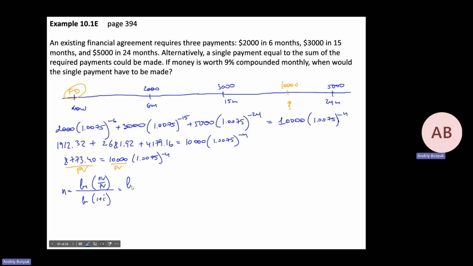And I have logarithm 10,000 over 8,733.40 divided by logarithm 1.0075. So let's calculate.